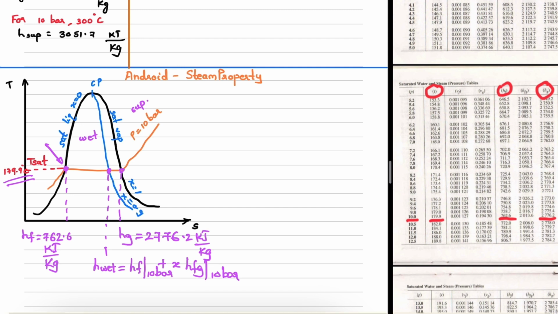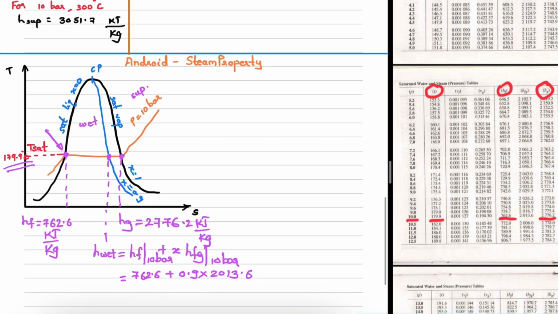From the steam table, Hf at 10 bar is 762.6, plus X, we are considering 0.9, times Hfg value of 2013.6.